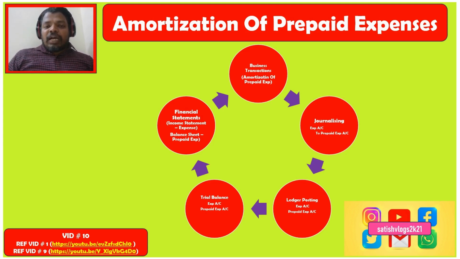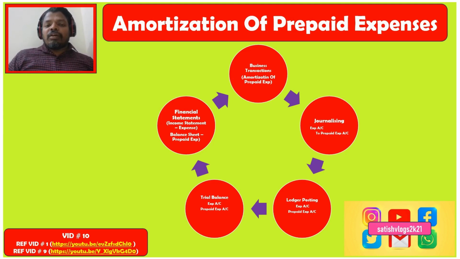As I would be charging an expense in the income statement, my expense needs to be debited, right? Which account needs to be credited? As I would be reducing my prepaid expense which was already incurred previously, the prepaid account needs to be credited, right? Hope this is clear. Now the entry is expense account debit to prepaid expense account.